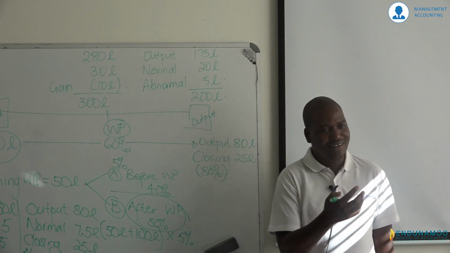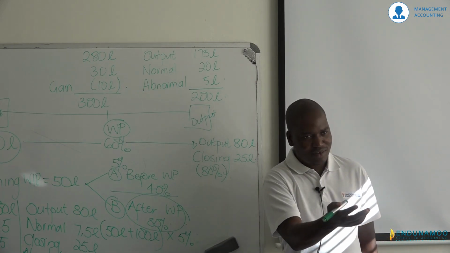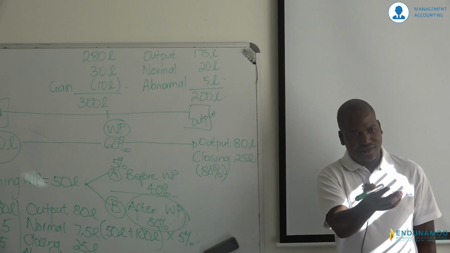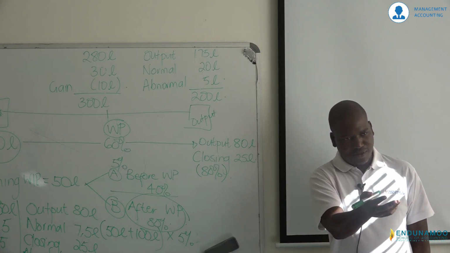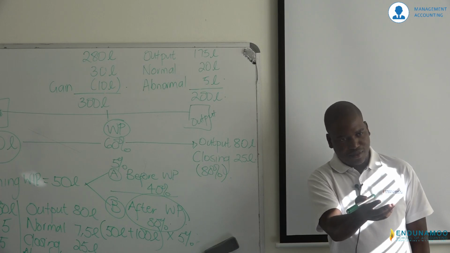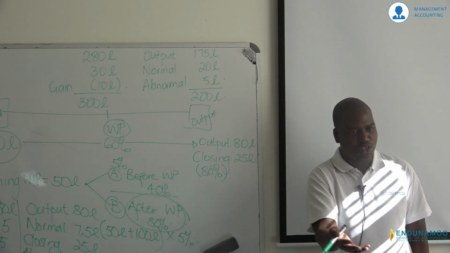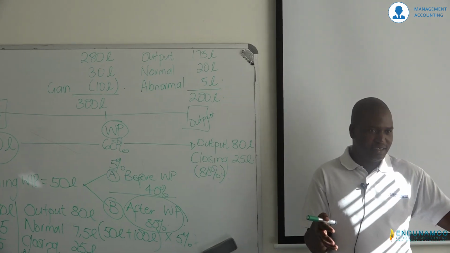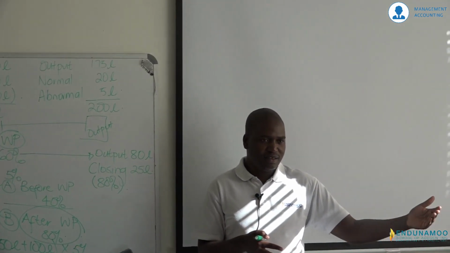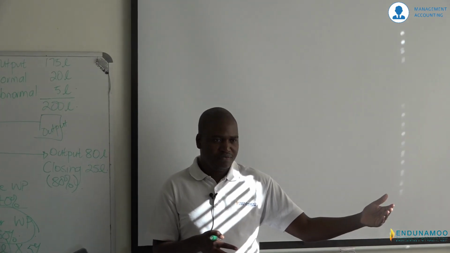If it's after the wastage point of 60%, then we do not take that opening, because it can go through another loss. They've already inspected it. In the previous year that opening work in process passed that wastage point.